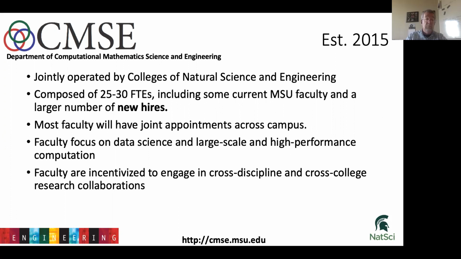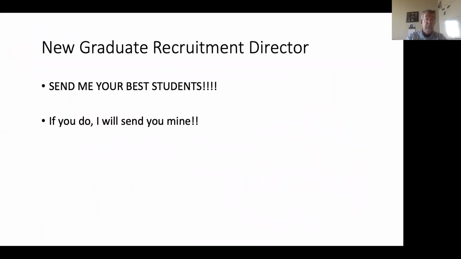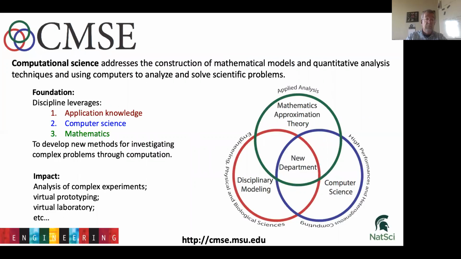We've had a graduate degree. But the idea behind the department is the intersection between engineering and physical applications in engineering and natural science, and computer science and applied mathematical analysis, kind of the joint of all three. Really, how we use computers to do science and engineering is the catchphrase we use.